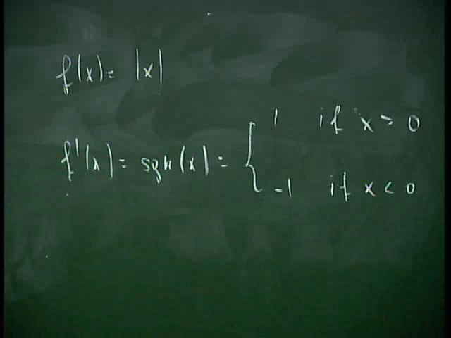So it's not enough to take the derivative of a given function, compute the roots of the derivative, and check whether at the roots you have local extremas. You also have to consider the points where the function is not differentiable.